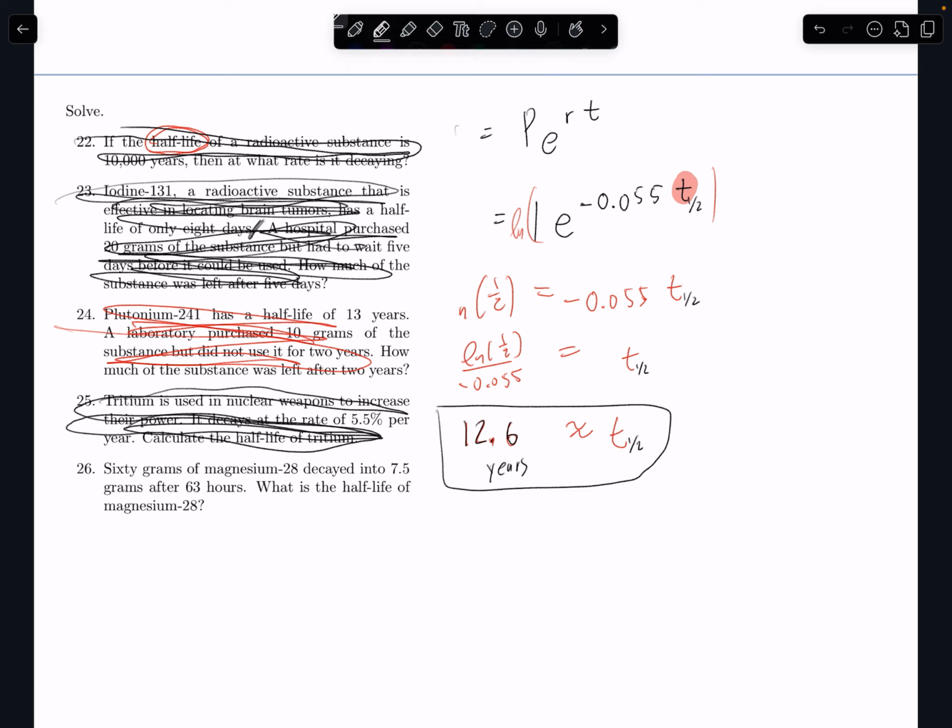Oh, wait, real quick, guys. 5.5% per year means how many years would you expect it to take for 50%? Oh, actually, no. I'm sorry. It doesn't work like that. I was thinking linearly, but this is not a linear decay.